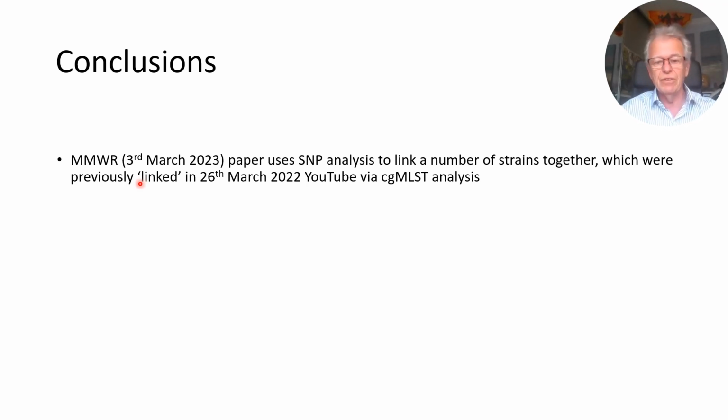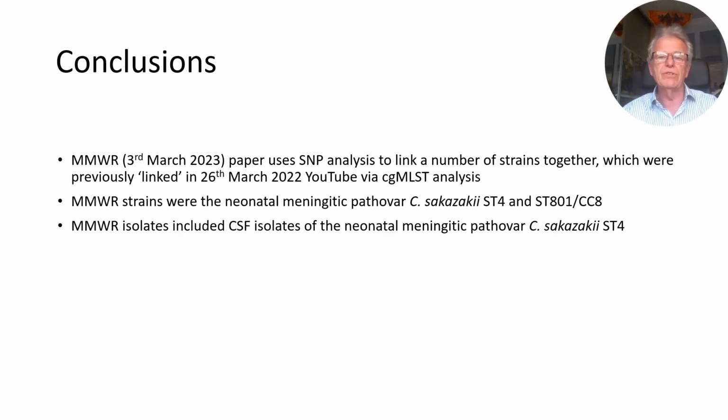It's phylogeny. It's looking at clustering. It's looking at diversity, or more like clumping similar strains together because they have conserved genes. SNP linking is not the same as core genome linking. So I wanted to put the word linked in inverted commas because it's not the same between SNP and core genome MLST.